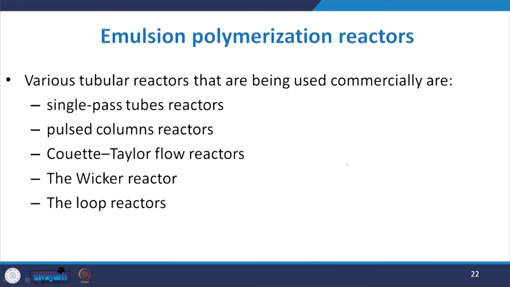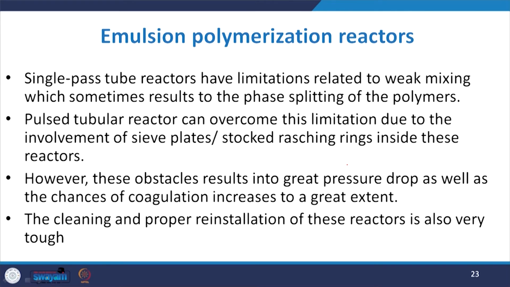Now, various tubular reactors are being used commercially, they are quite common. Some of them we have already listed, like a single pass tubular reactor, pulsed column reactor, Couette-Taylor flow reactors, the Wicker type of reactor, the loop reactor.